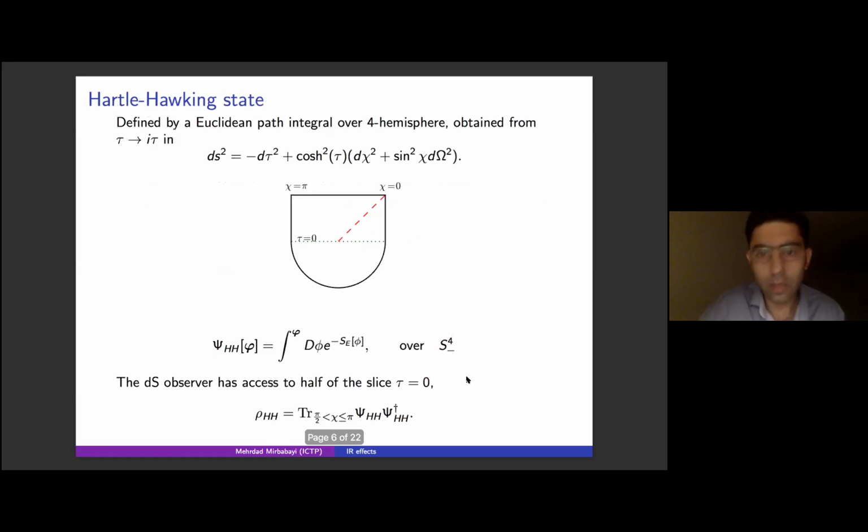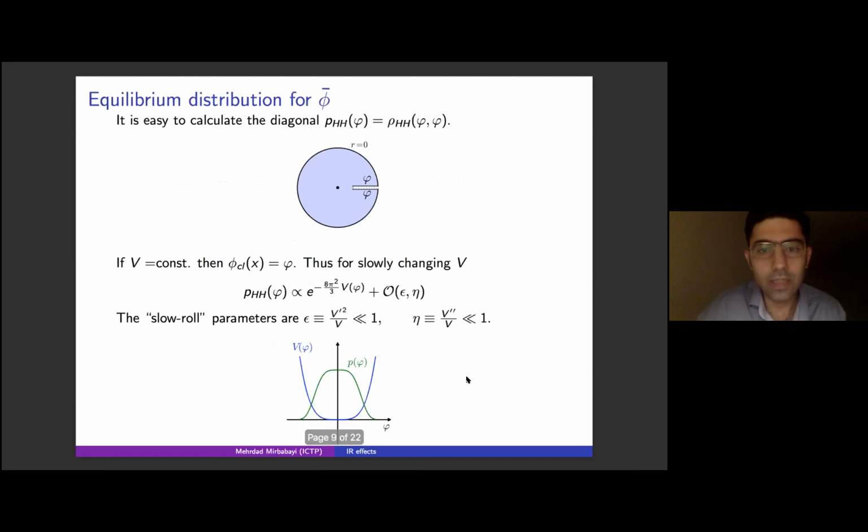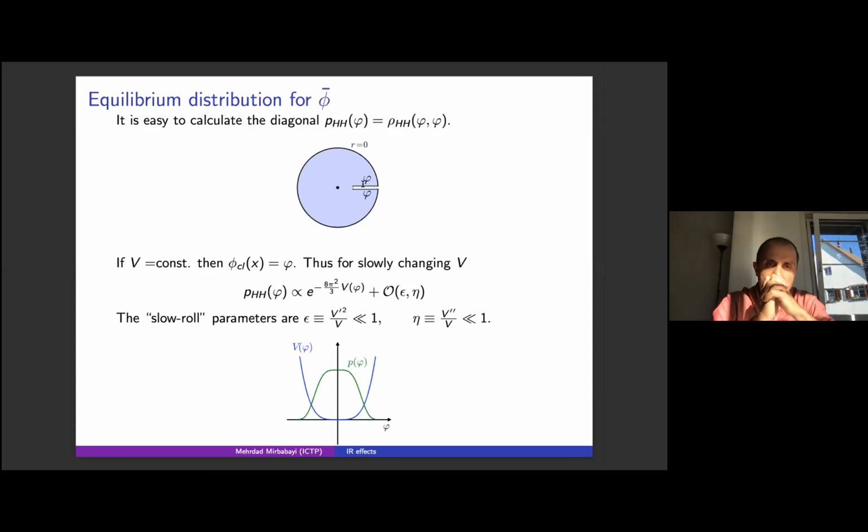And then I guess one other reason that I thought it's a good idea to study the problem in this way is that the object that we are talking about is the reduced density matrix of that observable phi in the static patch. And if I want to calculate just the equilibrium distribution, it essentially follows just from this picture.